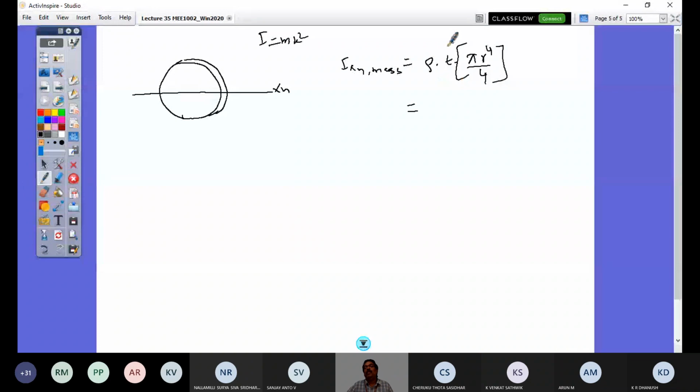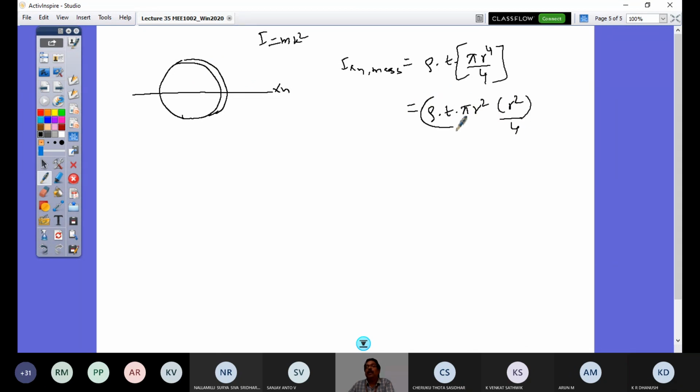So here, if I have this expression on the right hand side as mass times another quantity, that quantity is the radius of gyration square, right? So how do I write that? It is rho times the volume, which is T times pi r square, and r square I'm keeping by 4.